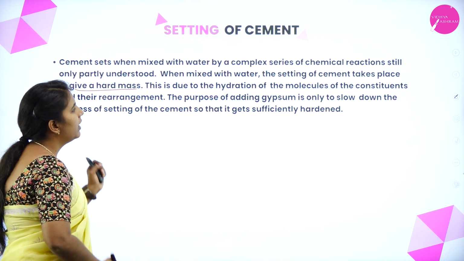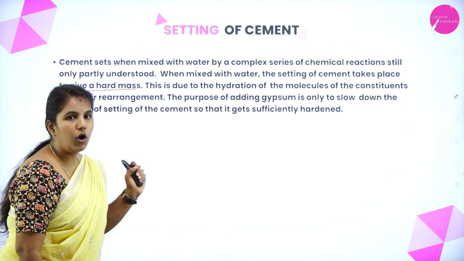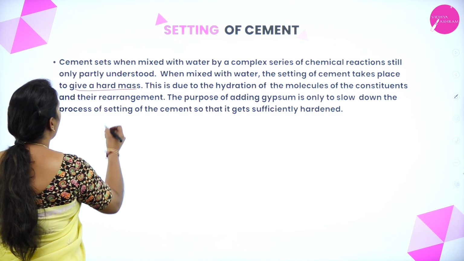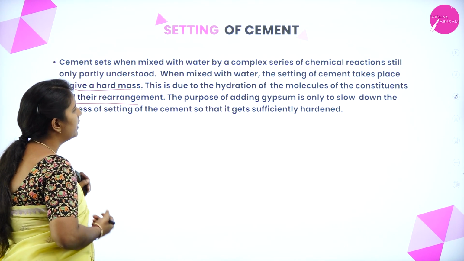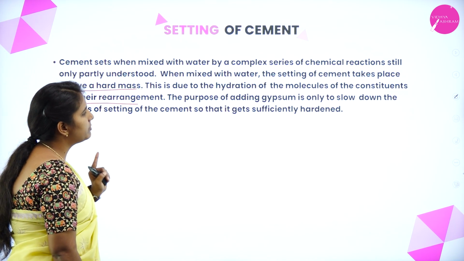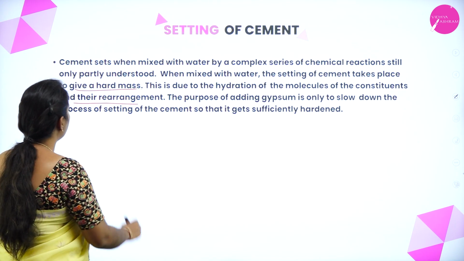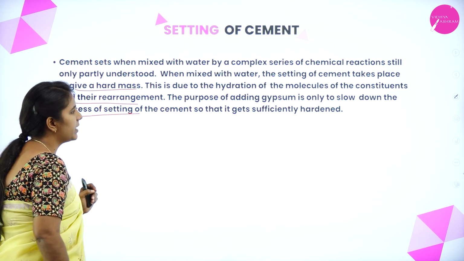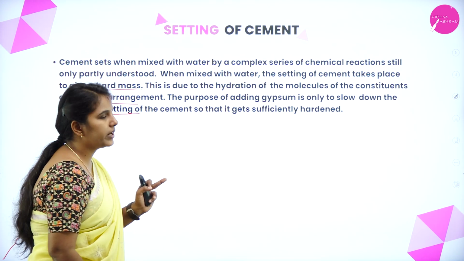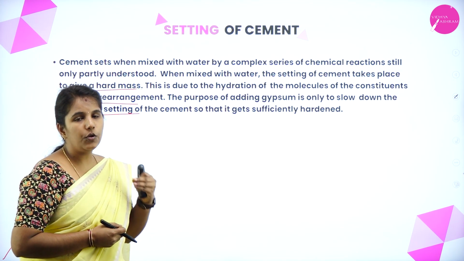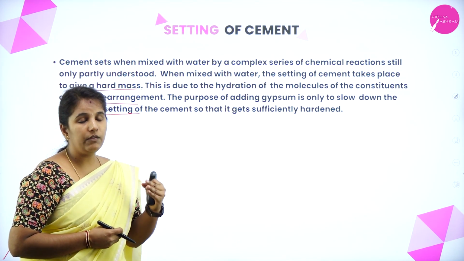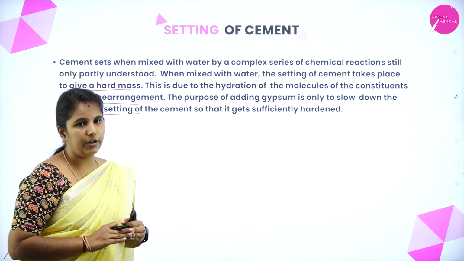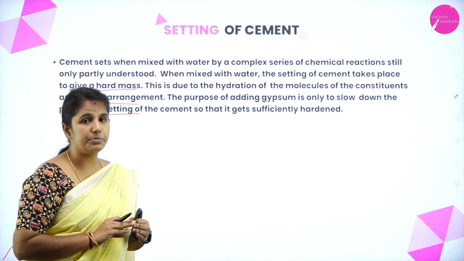This is due to the hydration of molecules of the constituents and their rearrangement. Gypsum is added only to slow down the setting of cement so that it hardens sufficiently. So in the composition of cement, we also add gypsum.